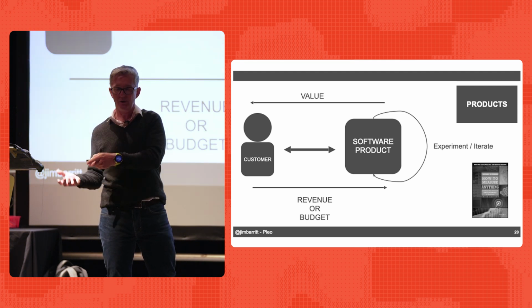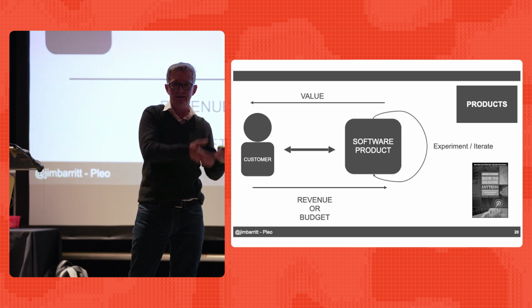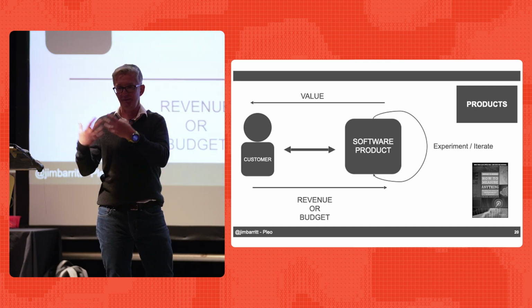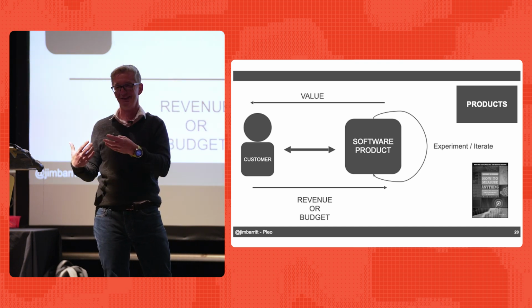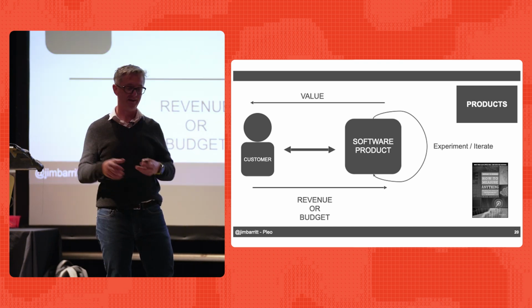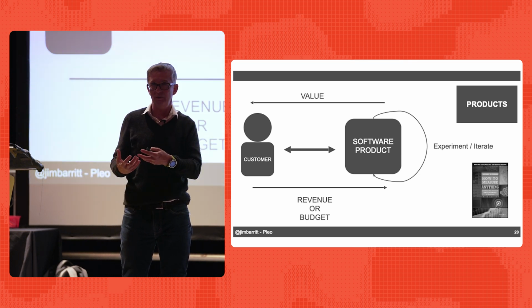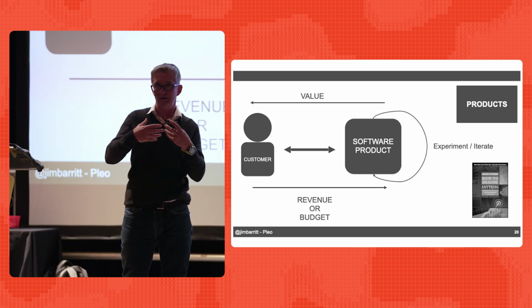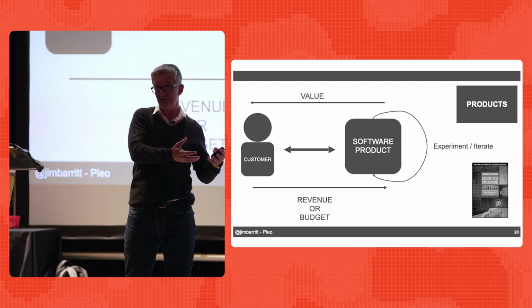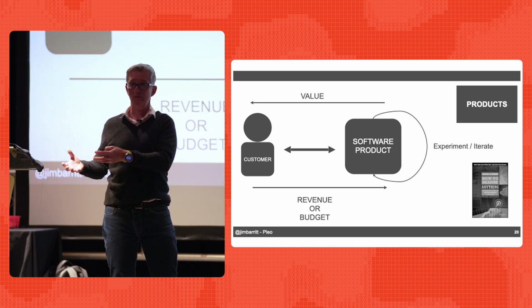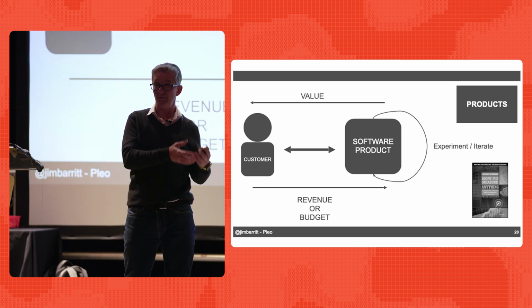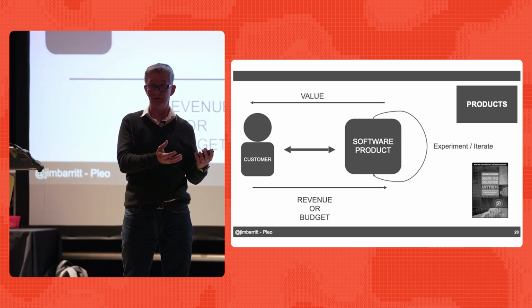We're creating a product which has value to the customer, and the customer gives us something back in return. Hopefully they pay us or buy a subscription or whatever, and they're happy. The reason they're paying is because we're taking something that was hassly for them to do and doing it for them, or making something easier, giving them some value, right?